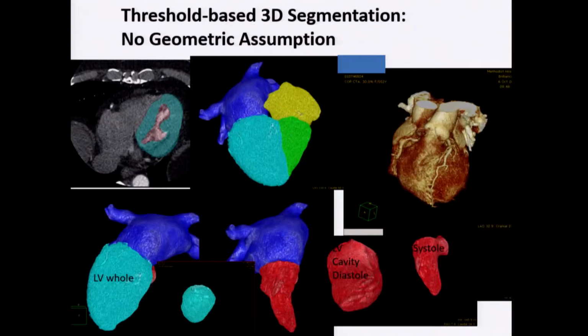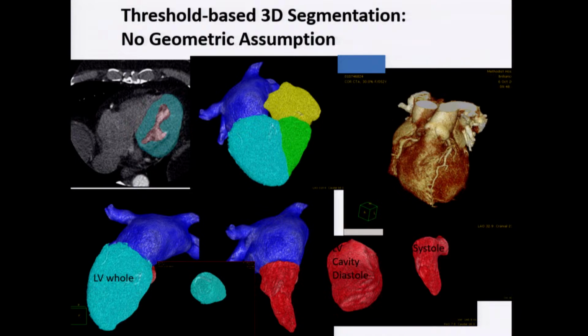Okay, what truly is different is what we call threshold-based 3D segmentation. I don't want to say it's similar to the one that I showed you earlier. Here you can trace the endocardium and calculate the cast of the LV cavity, of any chamber actually you want.